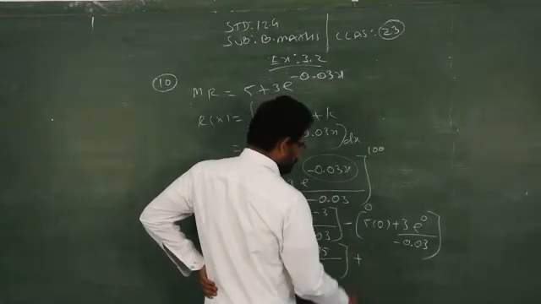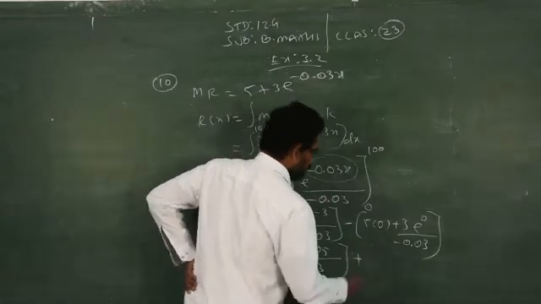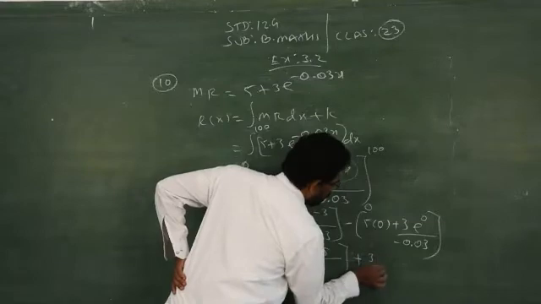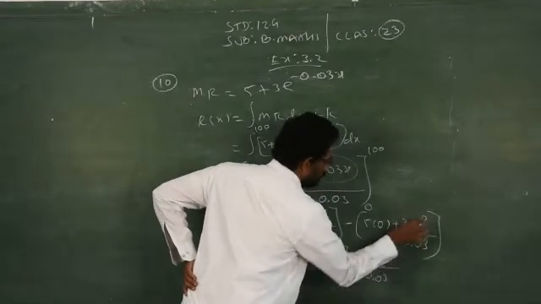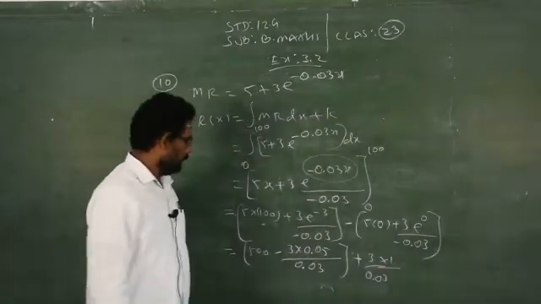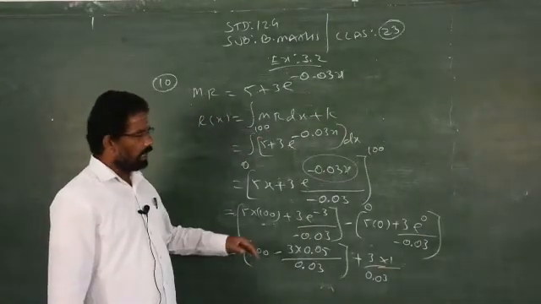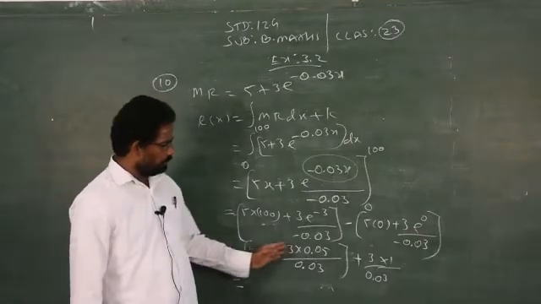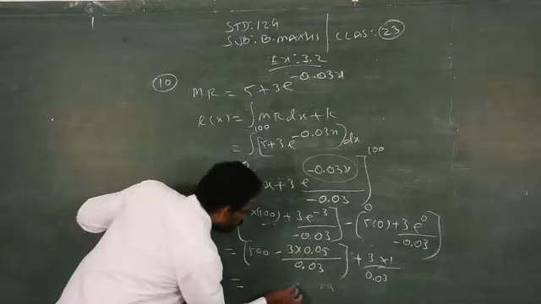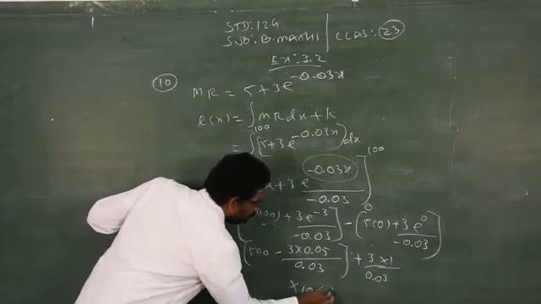This minus into minus is plus. So we will get 3 by 0.03 into 1, because anything power 0 is always 1. Now use the calculator and simplify. So you have to simplify by using the calculator. Finally you multiply the answer by thousands.